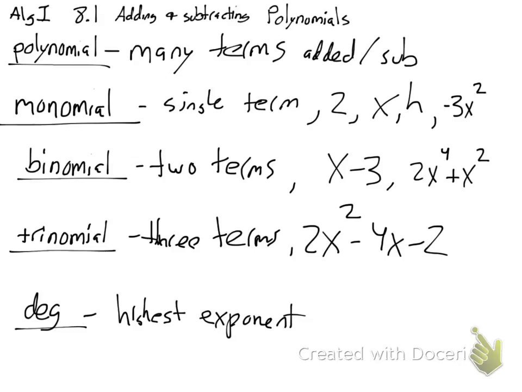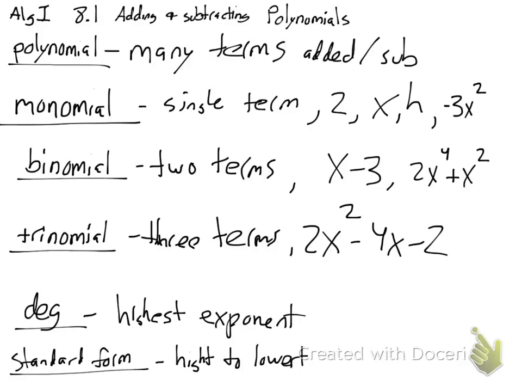What we should do then is talk about standard form. I'm going to add standard form on the bottom here. Standard form of a polynomial is highest to lowest degrees. So when you're looking at the degrees of all of the pieces, I'll use the trinomial that we have here. This trinomial here is degree 2. Why?